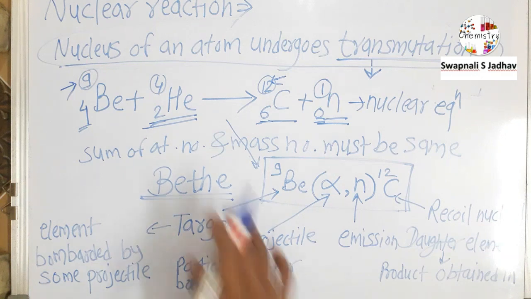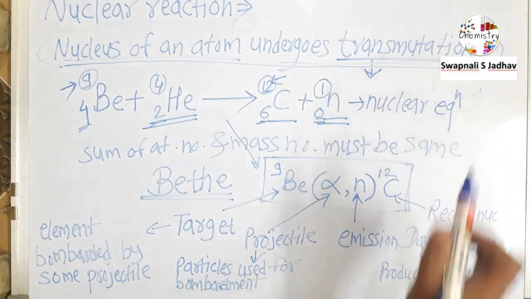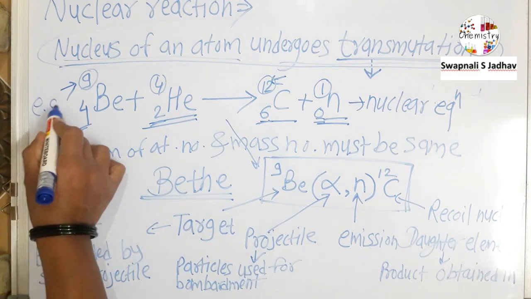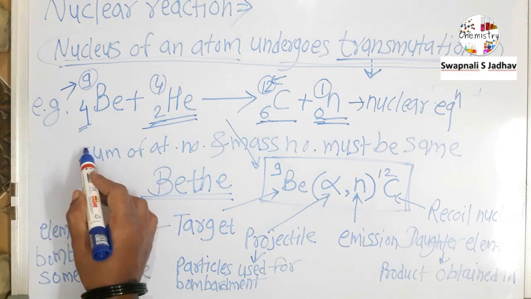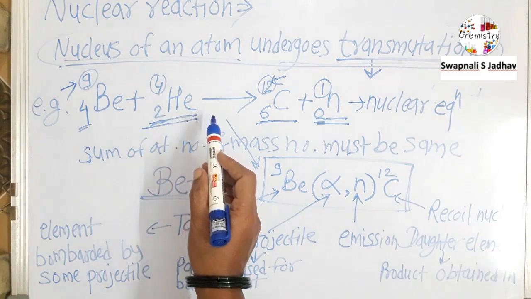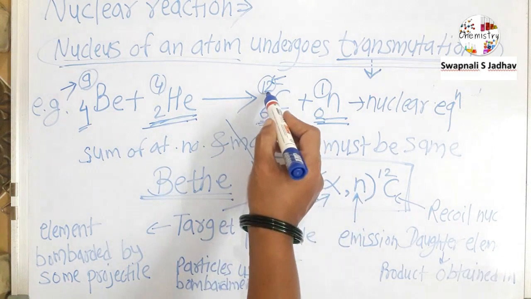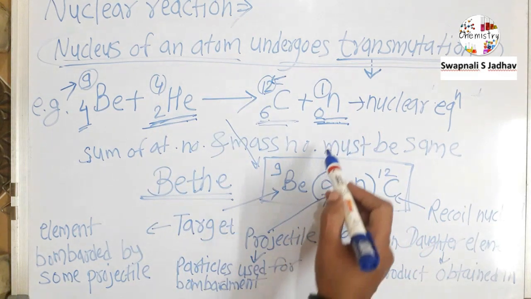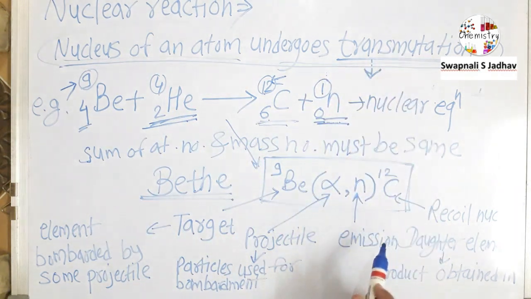So what is meant by nuclear reaction? When the nucleus of an atom undergoes transmutation, it is known as a nuclear reaction. Here we see one example. When beryllium of mass number 9 is bombarded by an alpha particle, it is converted into carbon having mass number 12 with emission of a neutron. The subscript indicates atomic number, the superscript indicates mass number.